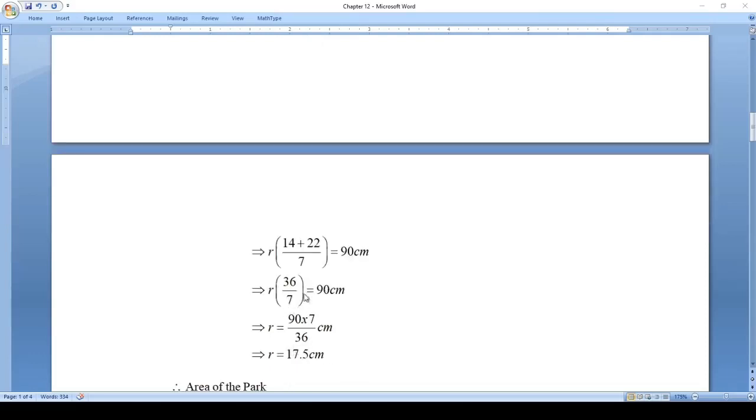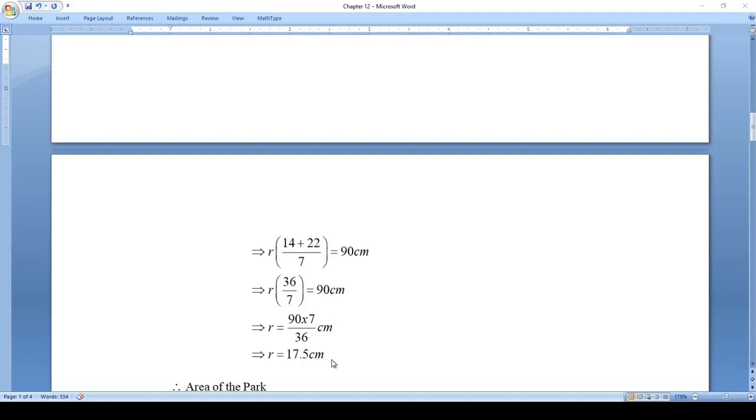You do the cross multiplication: r will be 90 multiply 7 divided by 36. 90 multiply 7 is 630, and on dividing by 36 you will get r to be 17.5 centimeter.